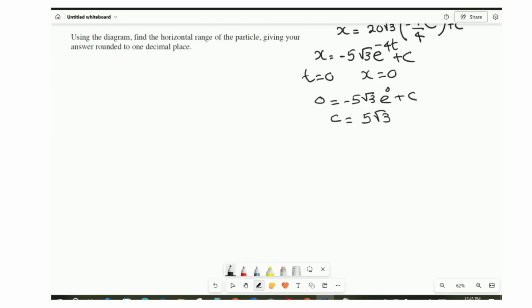Now if I substitute that c, x is equal to minus 5 square root of 3 e to the power minus 4t plus 5 square root of 3.